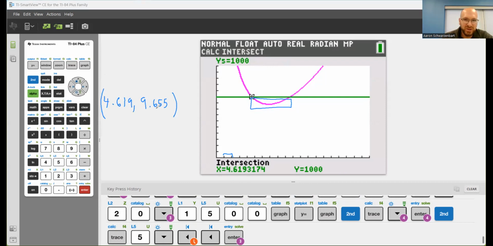So anything between there will have the surface area of the can be less than 1,000 square centimeters. Again, we could find a minimum. If it asks me for the minimum, we just find that point using the minimum function. And that is the end of 2.10. Okay.